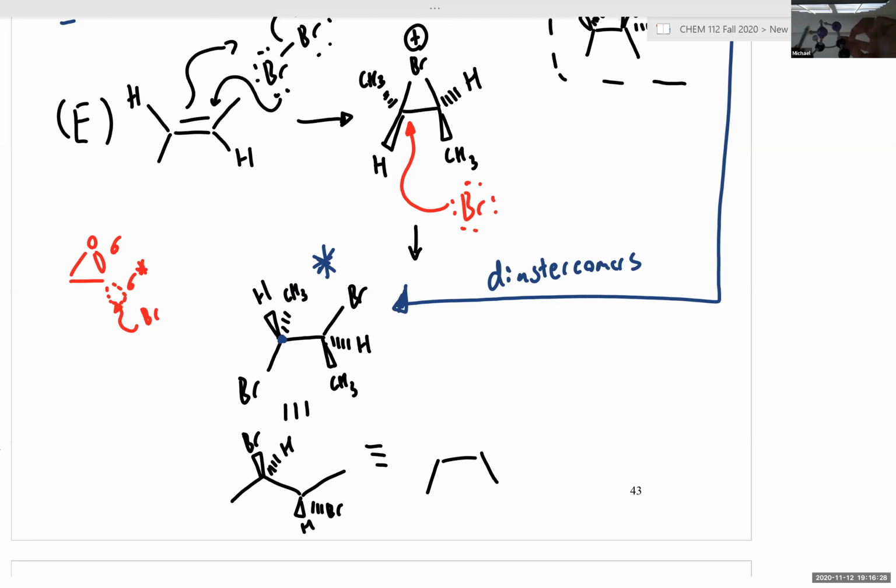Compared to the hydrogens, which are hard to see all the way in the back, are these bromines pointing towards us or away from us? Towards, yep. So both the bromines would get a wedge.